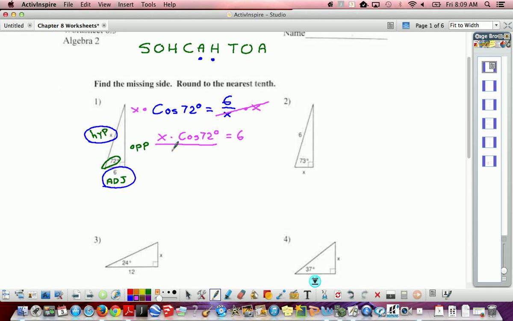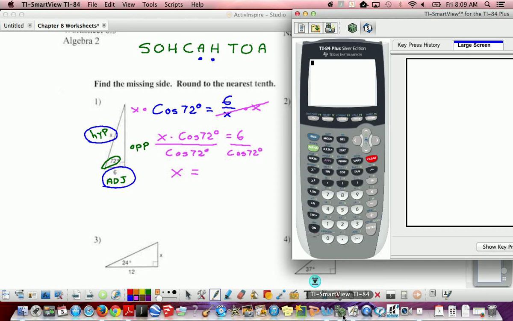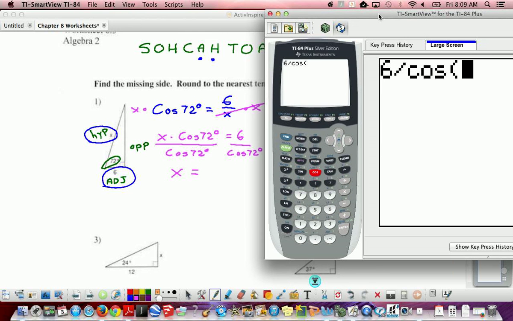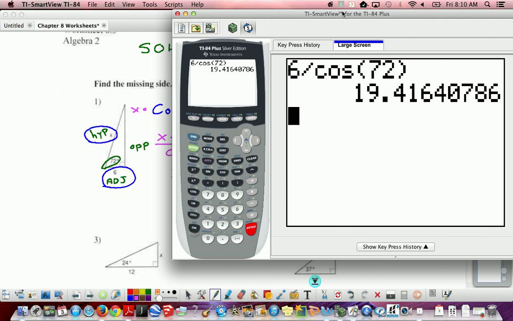Divide now to get x by itself, both sides by the function cosine of 72. So when I do that, I get x equals, so I take my calculator and go 6 divided by cosine 72. Go ahead and hit enter, and I get my answer.